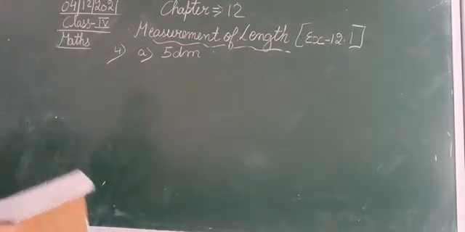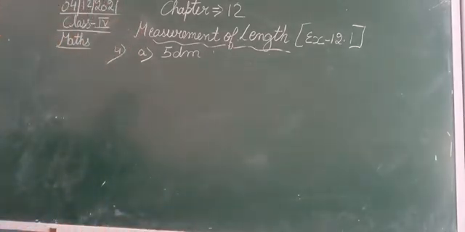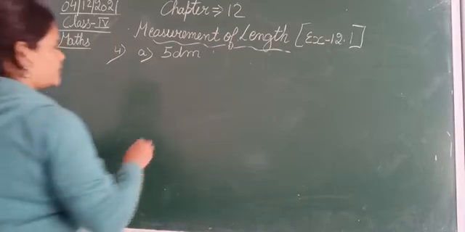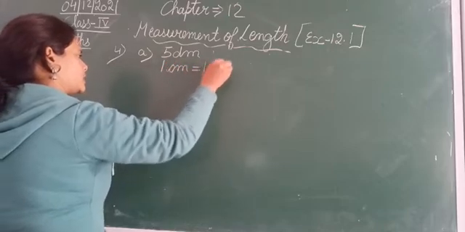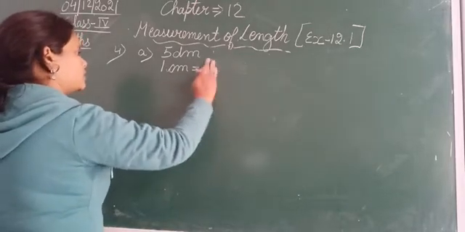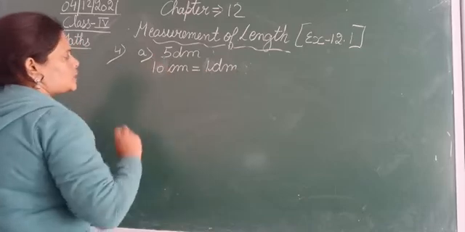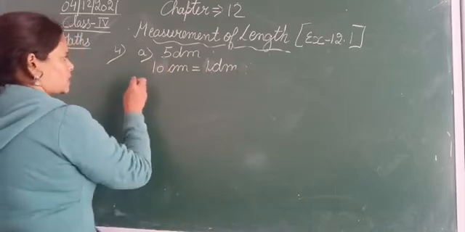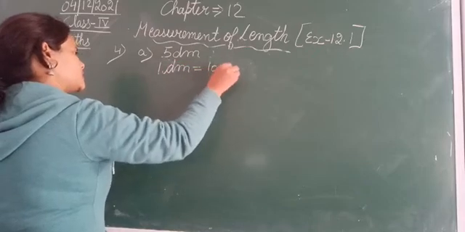Again in question number 4, we have to convert the given number into centimeters. 5 dm is a decimeter. 10 centimeter is equal to 1 decimeter, or you can write 1 decimeter is equal to 10 centimeter.